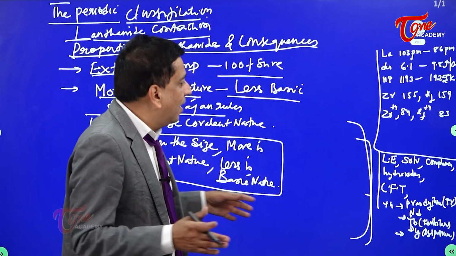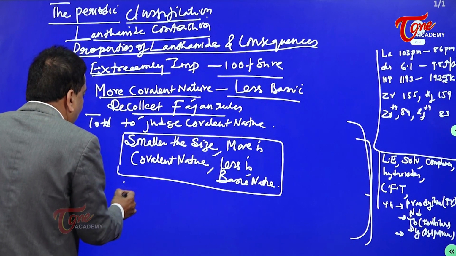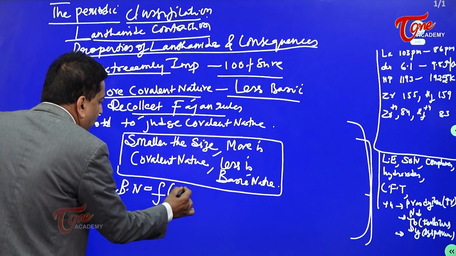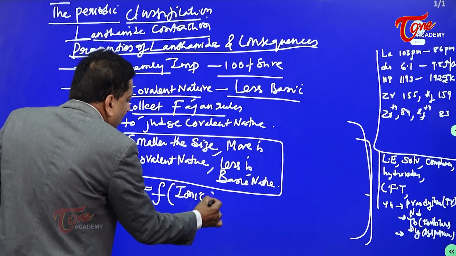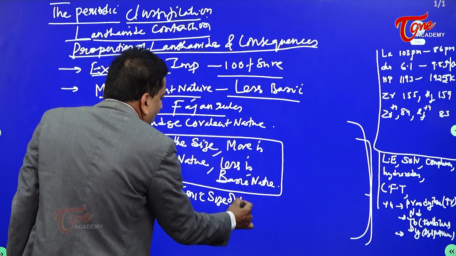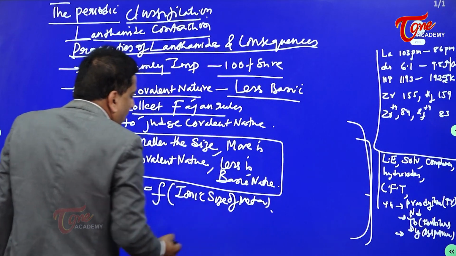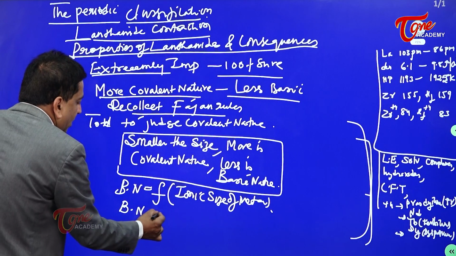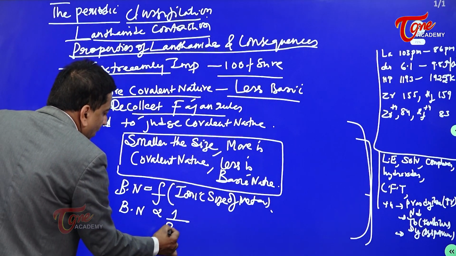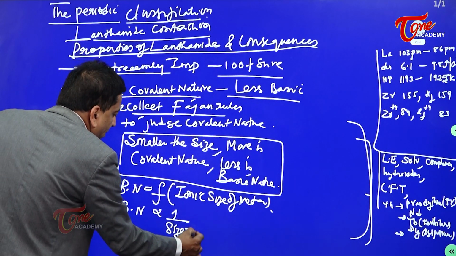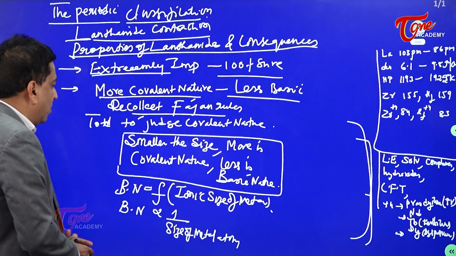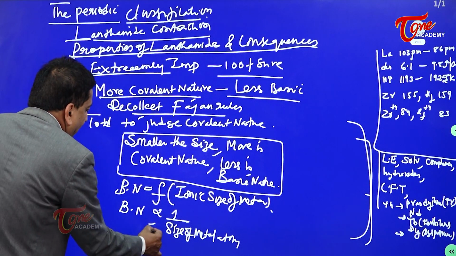So simply speaking, the basic nature is a function of the ionic size of the metal. You must understand. And basic nature, in fact, is inversely related to the size of the metal atom. The ionic size, rather.